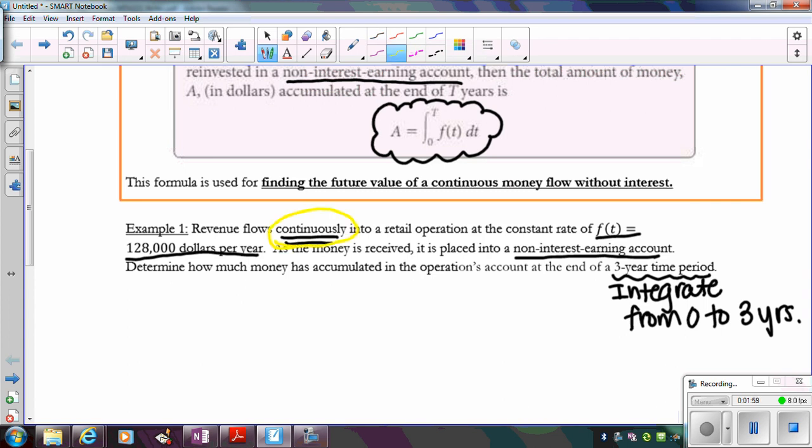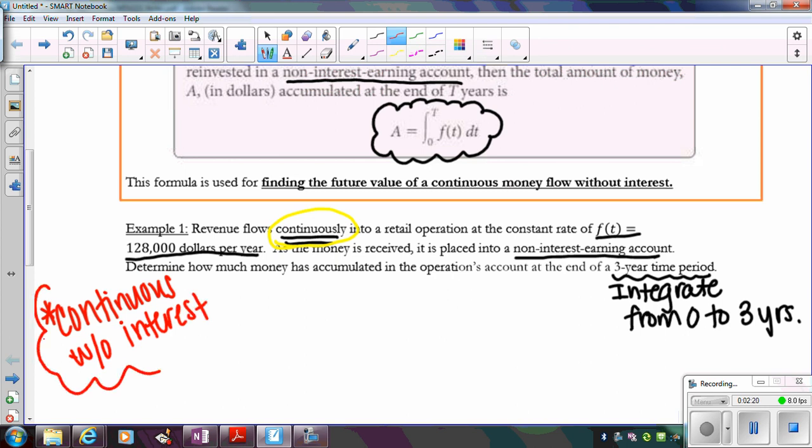So it's money that's going into an account over and over. So let's identify these. As I do these problems, I'm going to write to the side how I know what formula to use. So this is a continuous money flow without interest. Those are the key words here. So that indicates I'm going to use the formula from up above.